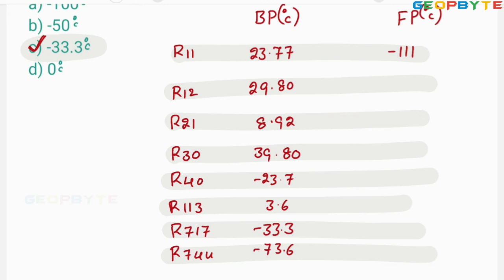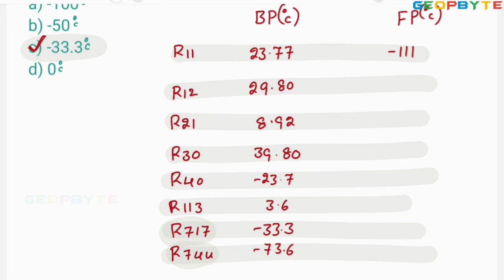R744 is carbon dioxide. The 44 is the molecular weight of carbon dioxide. These two are R717 and R744. These are inorganic compounds. Inorganic compounds are kept in the 700 series. That point we have already discussed.